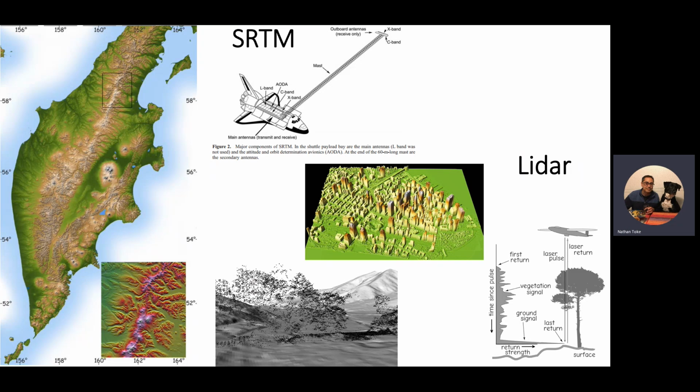The Shuttle Radar Topography Mission was an active radar flown on the NASA space shuttle in the 1990s, and made the first near-global digital elevation model for the Earth. This was really powerful data at first.